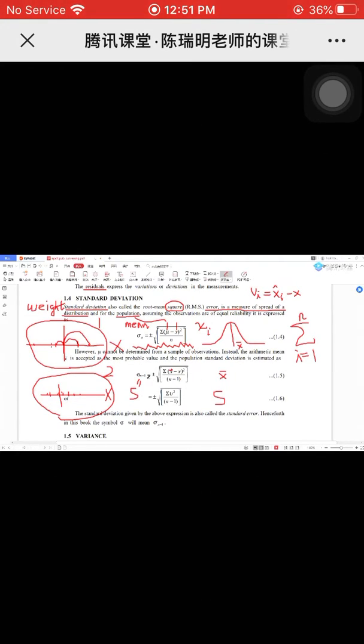You want to make sure this X can represent this one, sigma. But it's a probability; there's a probability chance here. If you look at the X bar, even after the measurement, X bar itself is still not known.